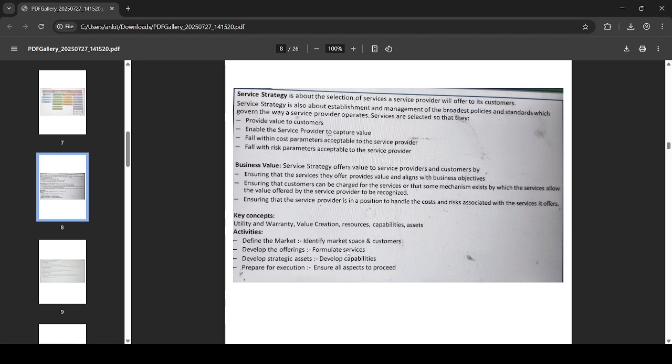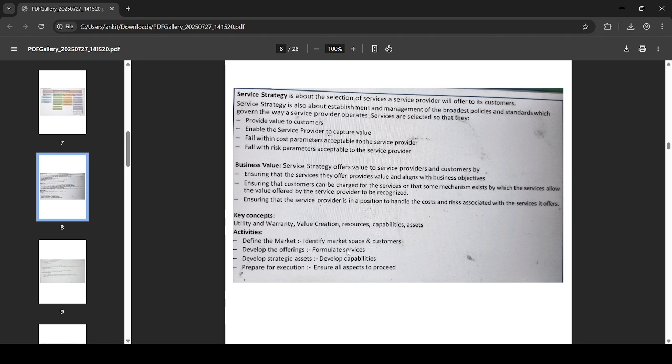Because if the service provider doesn't provide good or valuable services to the customer, it doesn't have a good result, right? So they have to ensure that the services they are providing will align with the business objectives, will align with the objectives to achieve the outcome, ensuring that the customers can be charged for the services, or that some mechanism exists by which the value offered by the service provider is recognized.